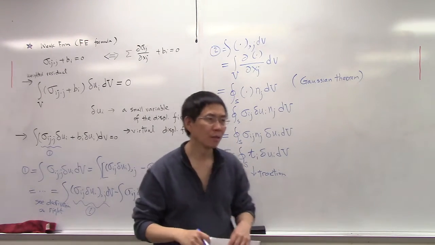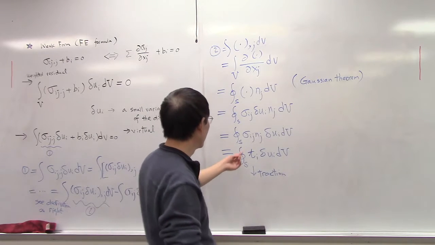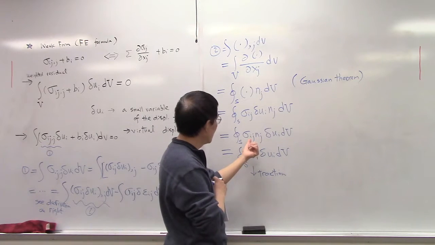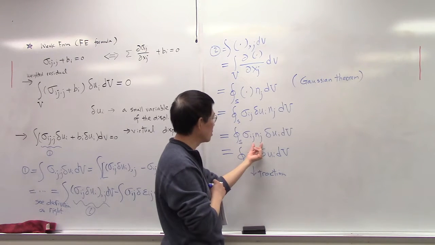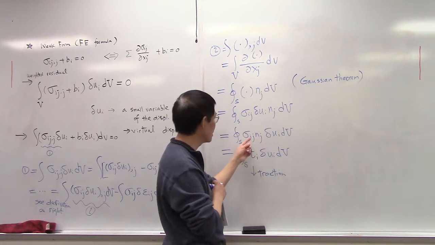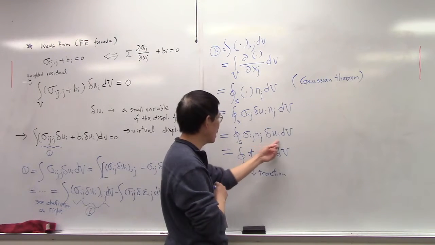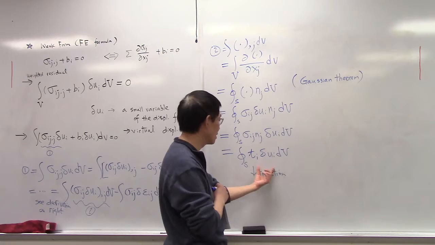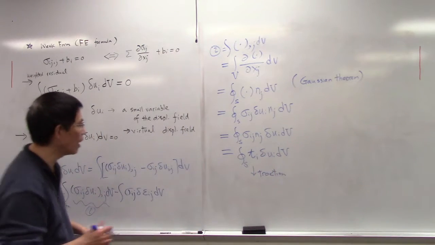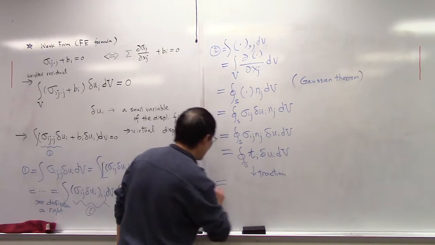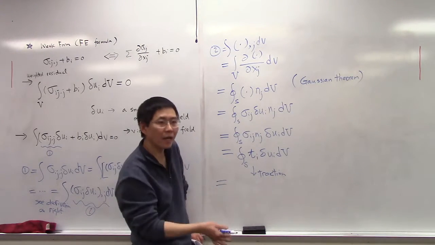Is that traction T_i or T_j? T_i, because on these two, sigma ij and n_j, the summation is on j. So what is left? The free index is i, so it's i. And also that free index corresponds to that free index. So there's another summation. So it should be T_i. Alright. And then what I'd like to say is this is a surface integration over the whole body.